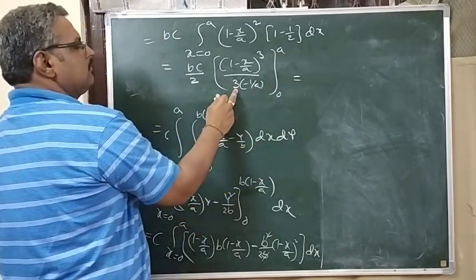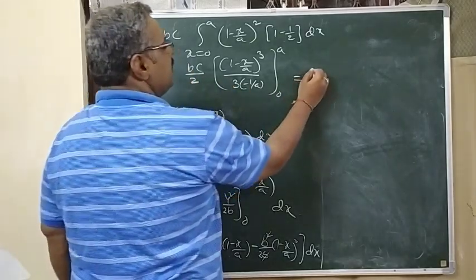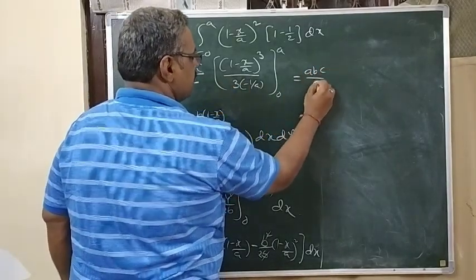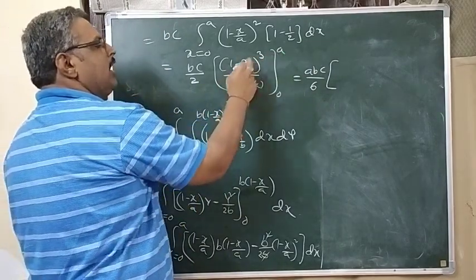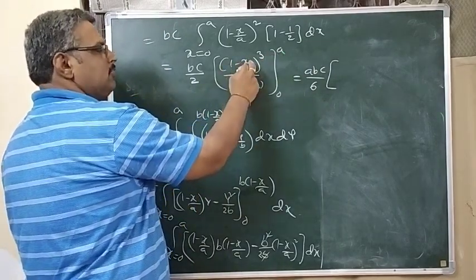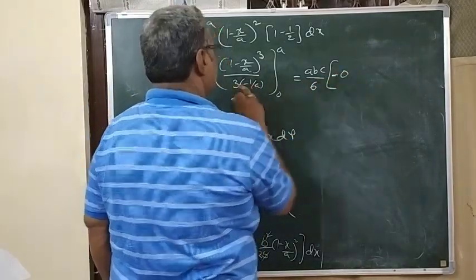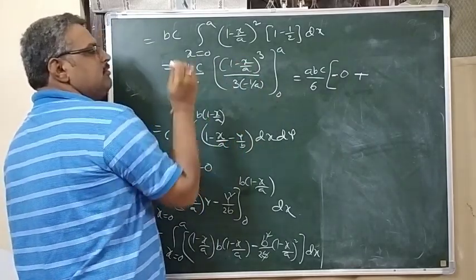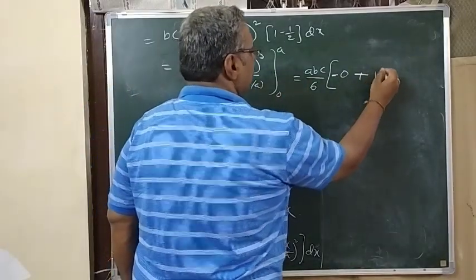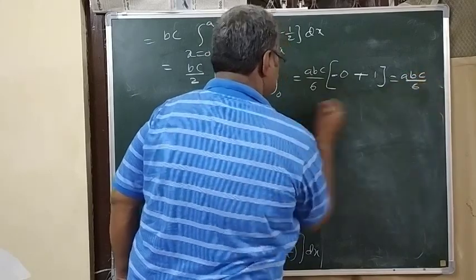Now 1 by 6 goes to the numerator: a b c by 6 into, put x equals a: 1 minus a by a is 0, with the negative sign, minus or minus plus. If you put x equals 0, you get 1. So the answer is a b c by 6.